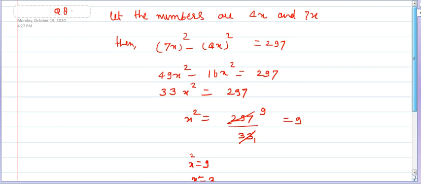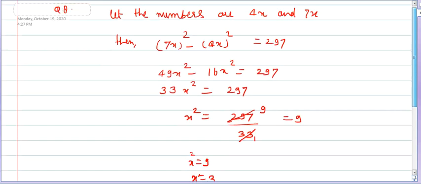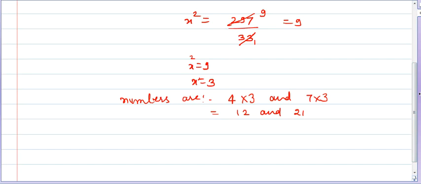First number was 4x and second was 7x. So numbers are 4 into 3 and 7 into 3 equals to 12 and 21. So 8th question, the answer is 12 and 21.